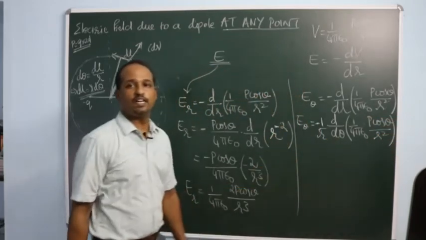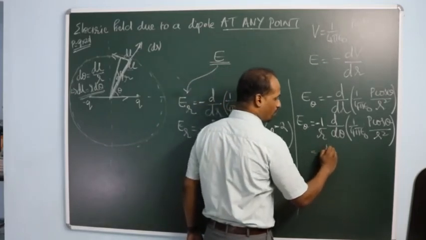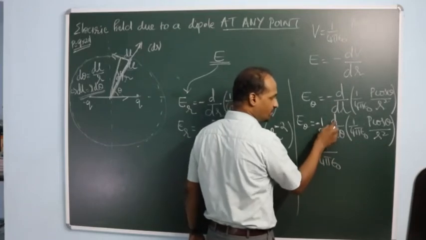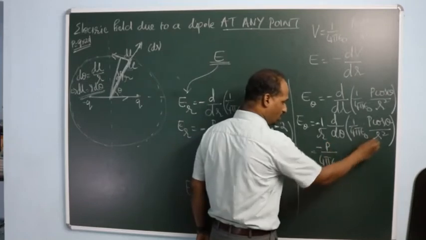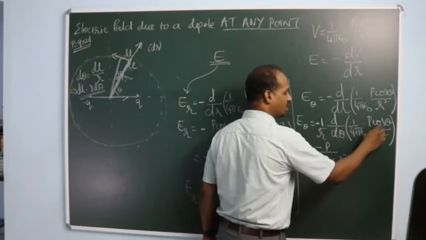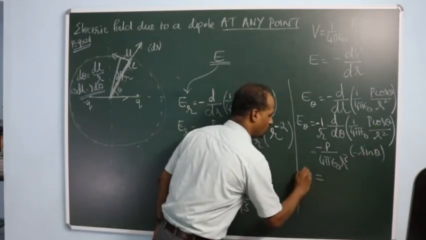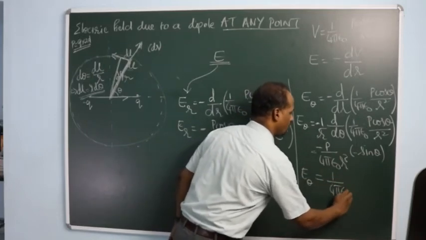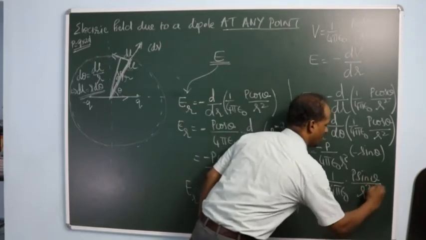Since you differentiate with respect to theta, the rest are constants, so you can take out 1 by 4 pi epsilon naught with a negative sign, and P has been taken out, and r and the square becomes r cube into d by d theta of cos theta, which becomes minus sin theta. So E theta is 1 by 4 pi epsilon naught P sin theta by r cube.